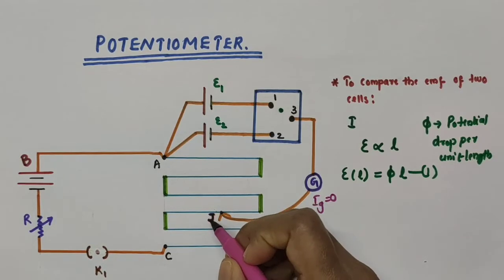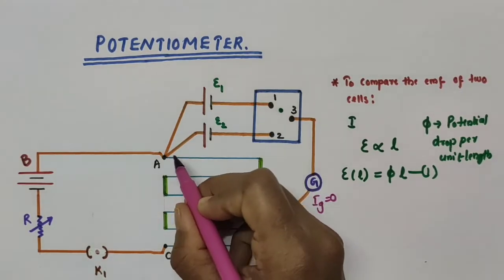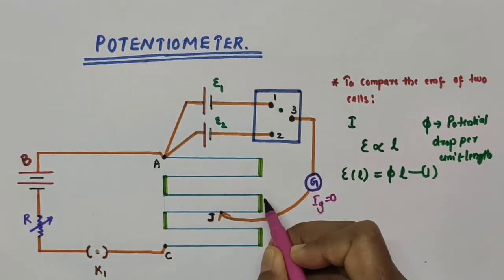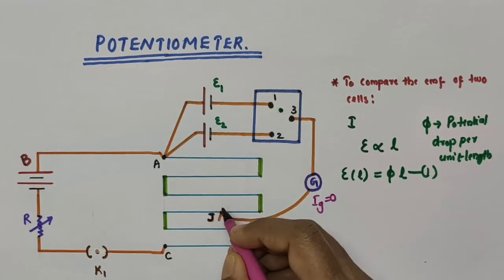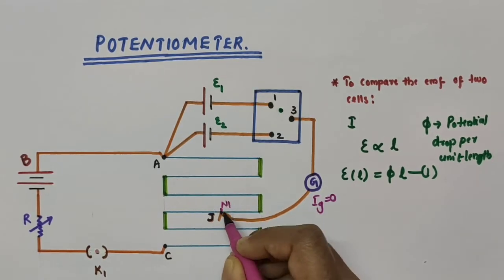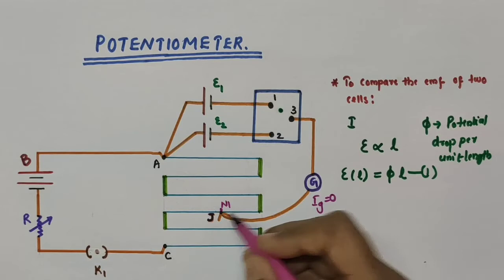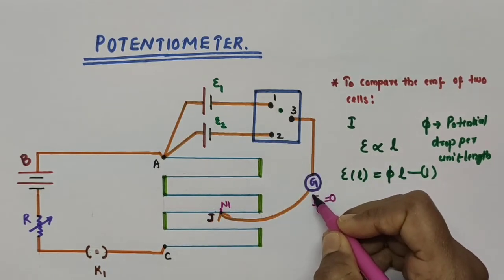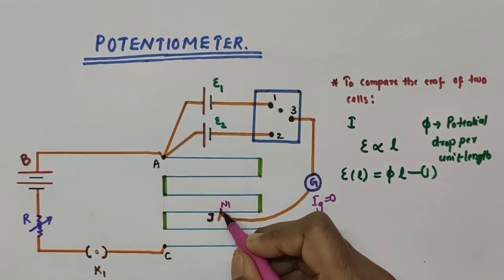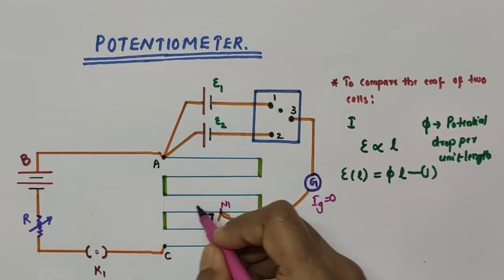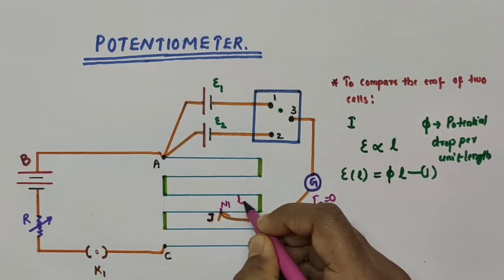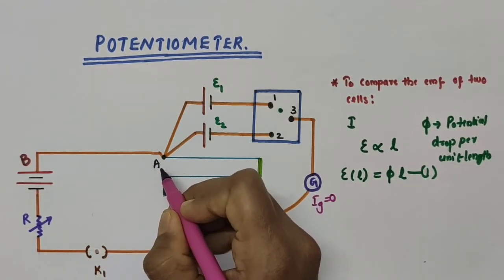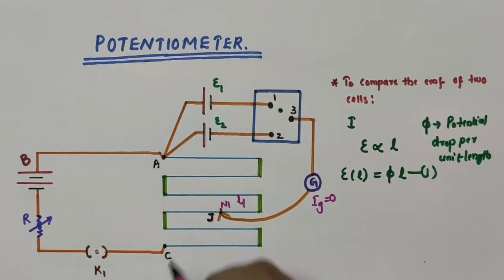So when we slide this jockey along this wire, at some particular point somewhere here, consider this point as N1, the galvanometer shows zero deflection. Let that point be N1 and let this point N1 be L1 distance away from this point A.